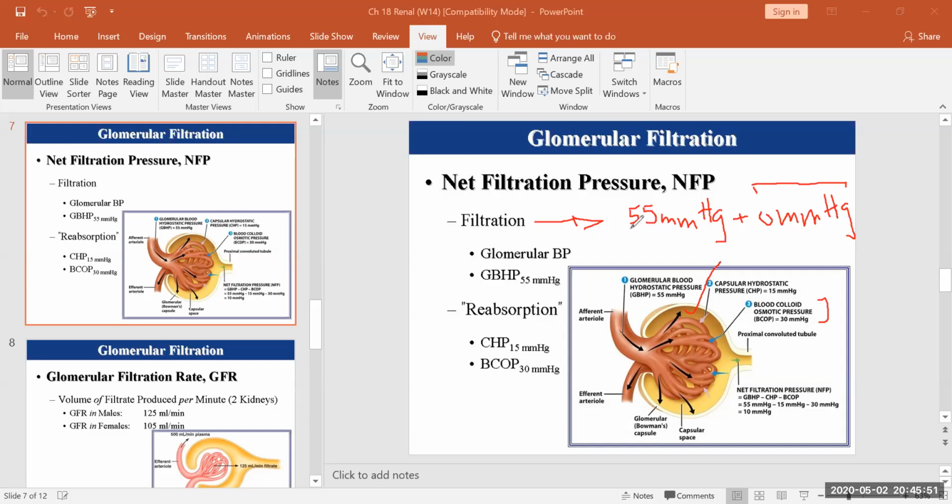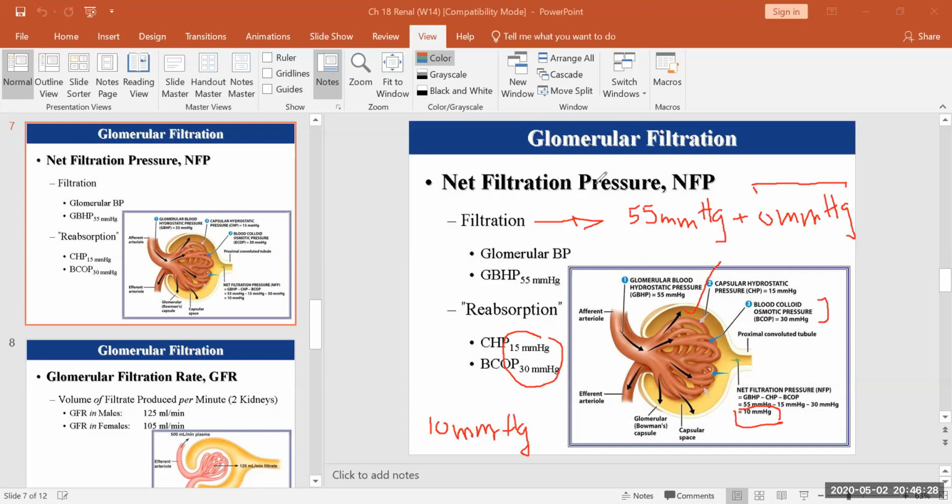So if you have 55 on one side and 45 on the other, you have a net filtration of about 10 millimeters of mercury. That seems small, but that's enough to promote filtration. So the net filtration is 10 millimeters of mercury. In your book, it says 16. Again, the number is not important. The concept is, okay?